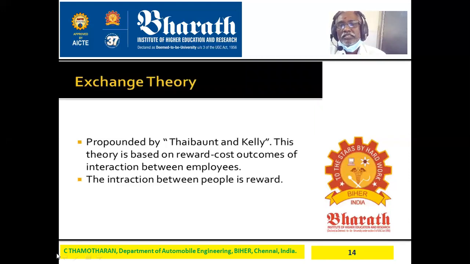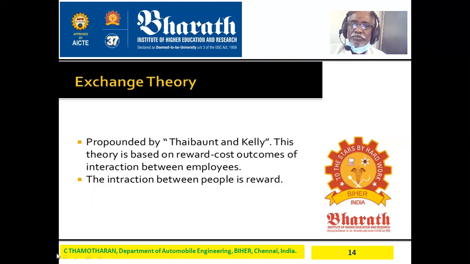Next one, exchange theory, propounded by Thibaut and Kelley. This theory is based on reward-cost outcomes of the interactions between employees.